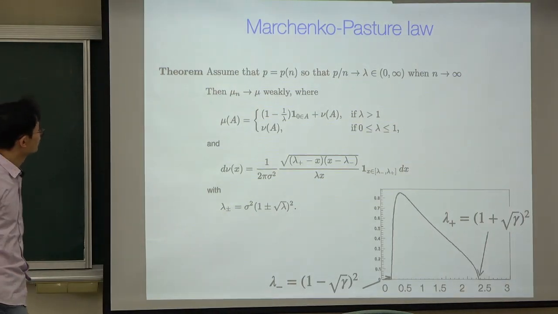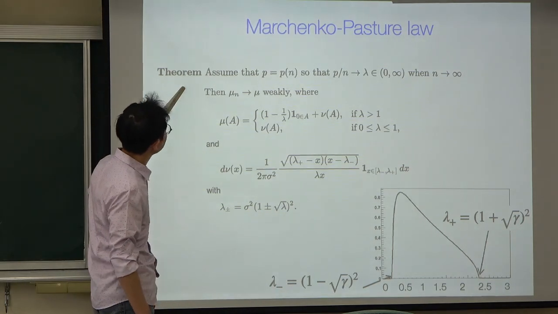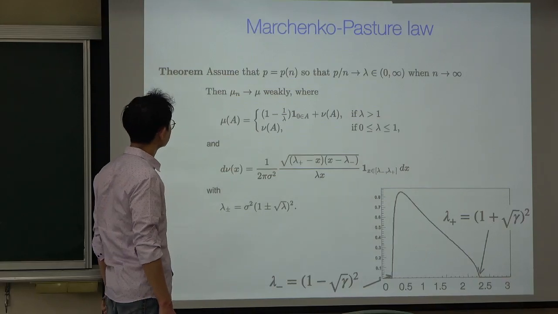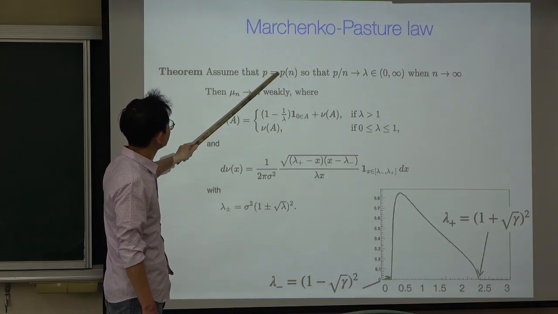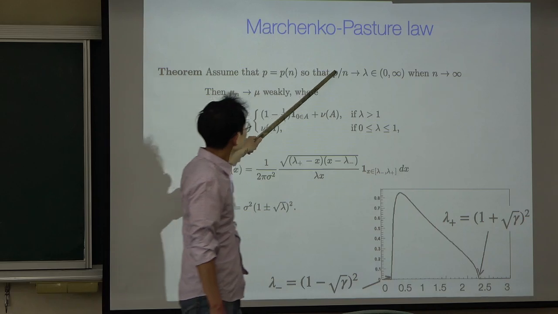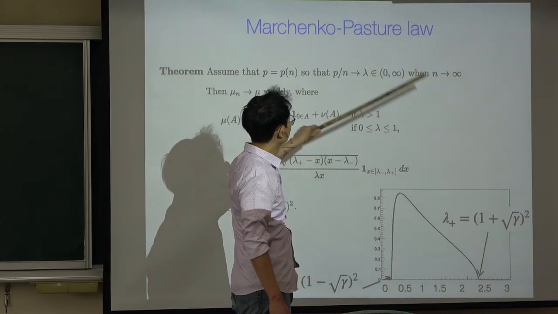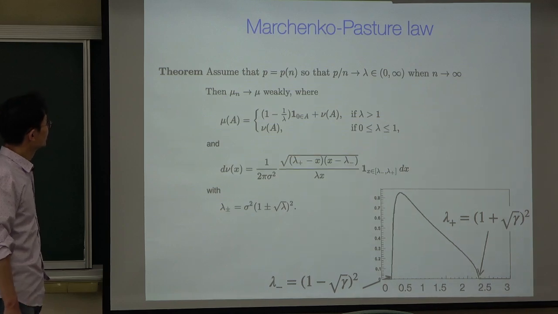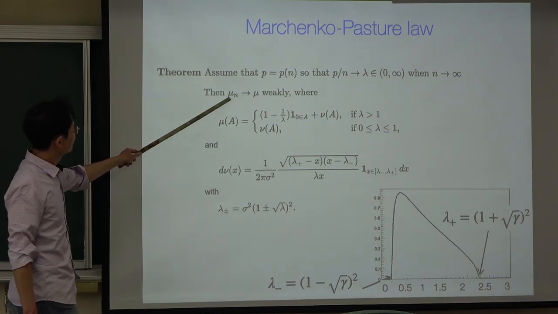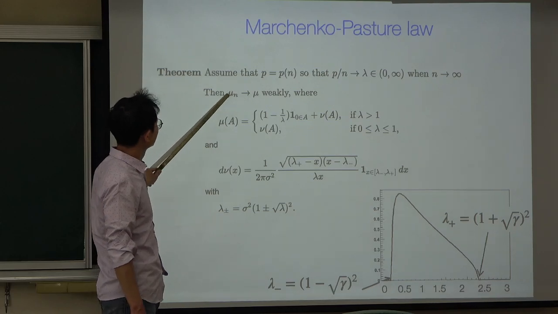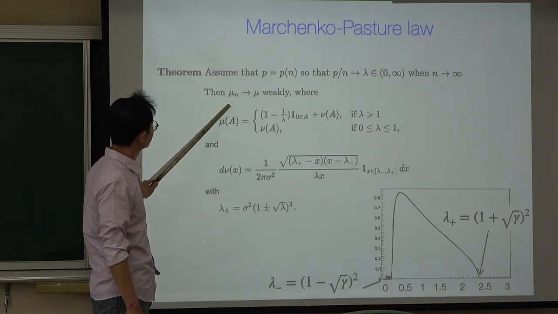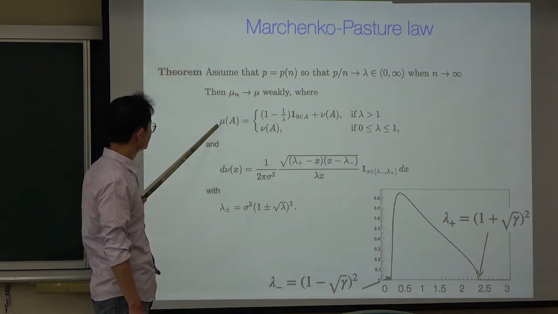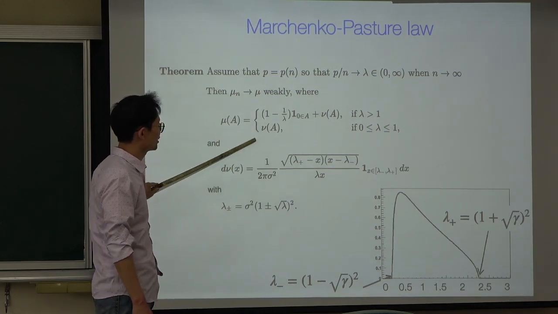Very good. So what the theory tells us about the Marcenko-Pastur law is the following. Suppose p depends on n so that p divided by n goes to lambda, between 0 and infinity, when n goes to infinity. Then the empirical spectral distribution mu_n will converge weakly to a measure mu, which looks like this.